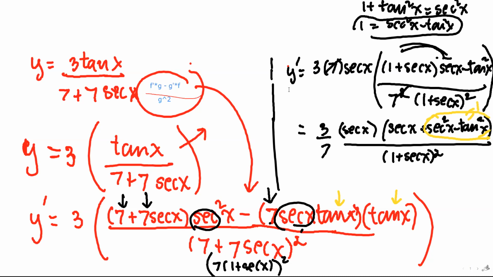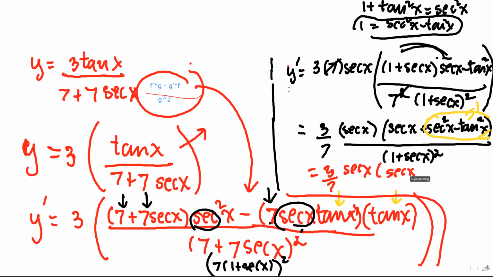And that's it. Oh, you know what? Secant x plus 1, we can see more. Let me write it on top of it. So now we have, it's kind of messy, huh? 3 over 7 secant x multiplied by secant x plus 1 from using the identity, divided by 1 plus the secant x power 2.